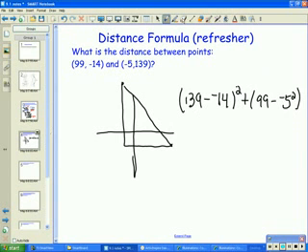Oops, we need to square all that stuff. So this squared plus this squared is going to equal our distance squared. Okay, 139 minus negative 14, that's going to be 153.